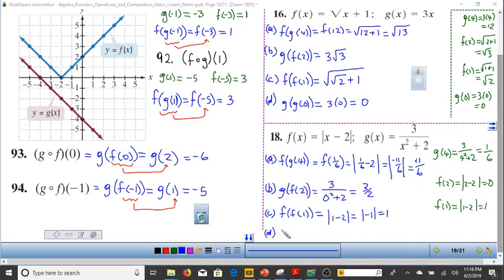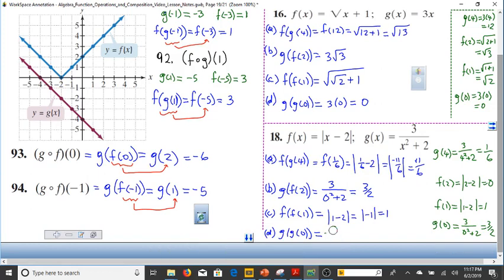And then finally, for part D, we do g of 0. Now, g of 0 is 3/2. So now we have to find 3 divided by the square of 3 over 2, and then we're going to add that to 2, simplify.